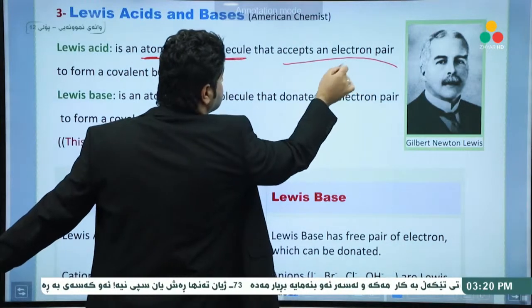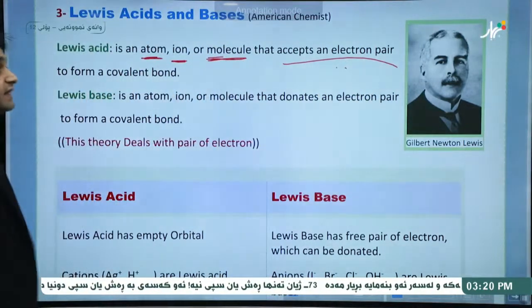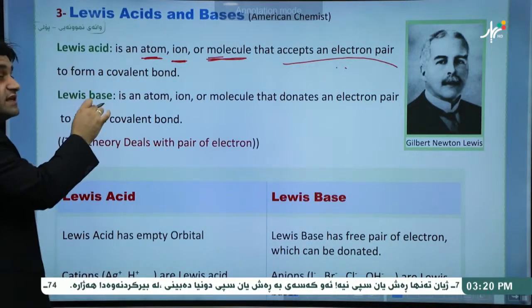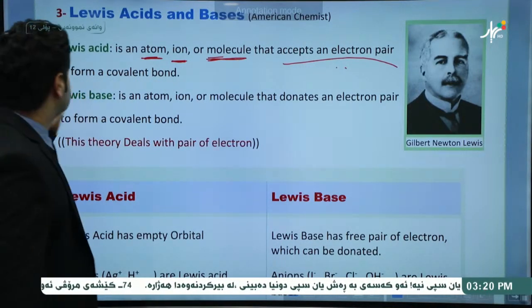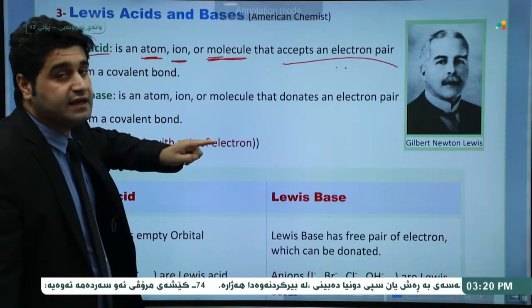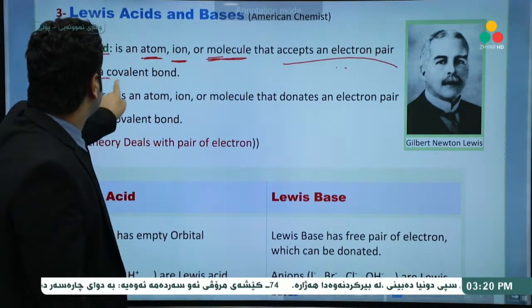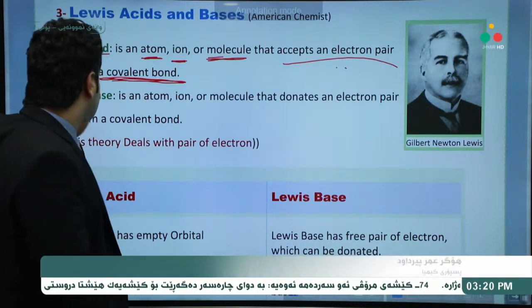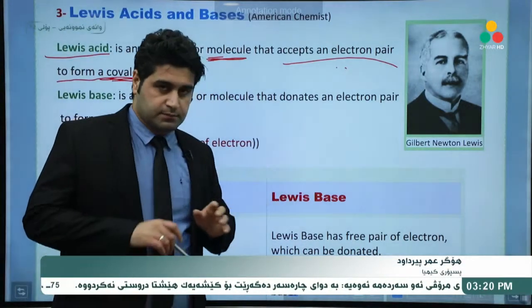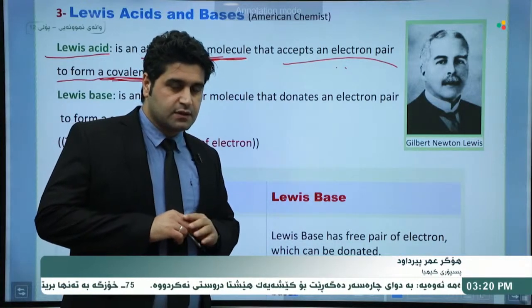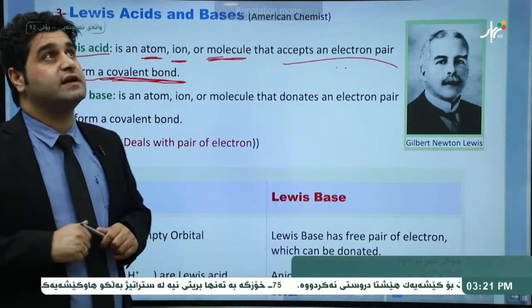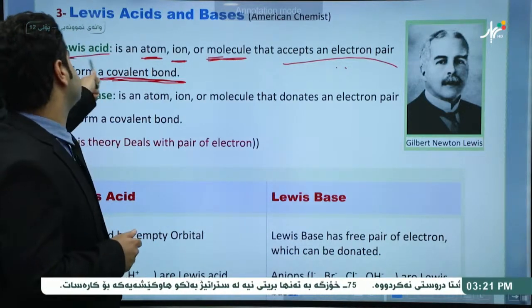This definition deals with the electron pair, to form a covalent bond. Now, if a compound accepts an electron pair to form a covalent bond, it will be a Lewis acid.